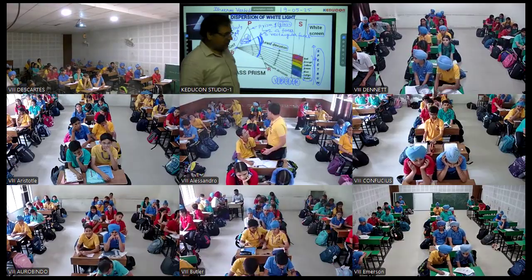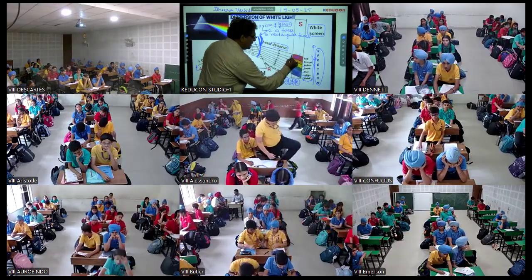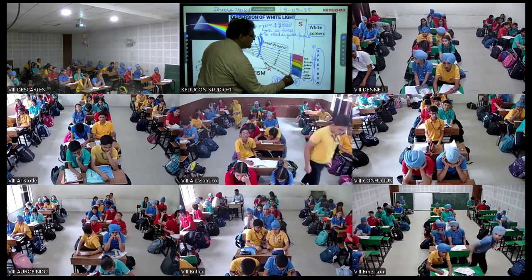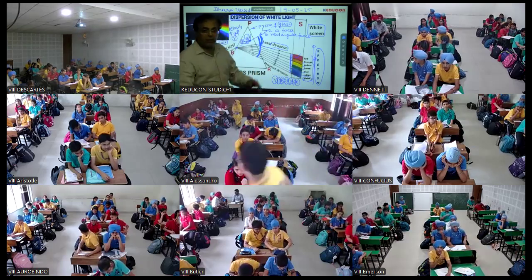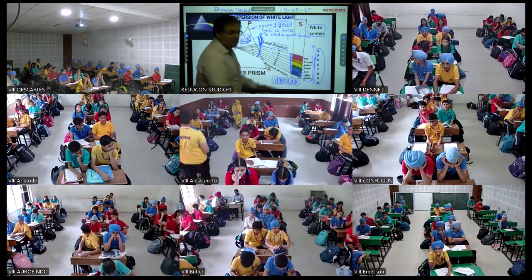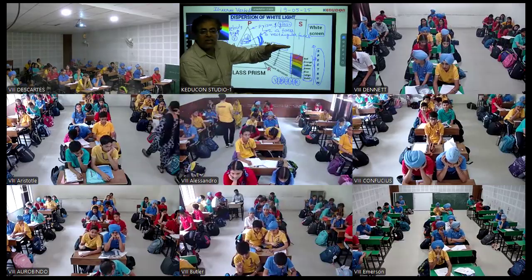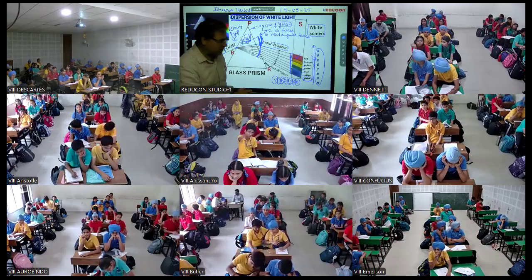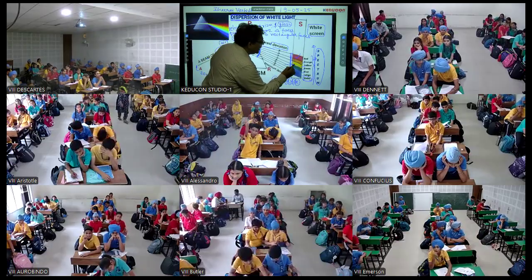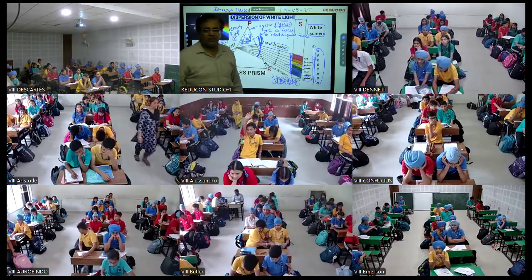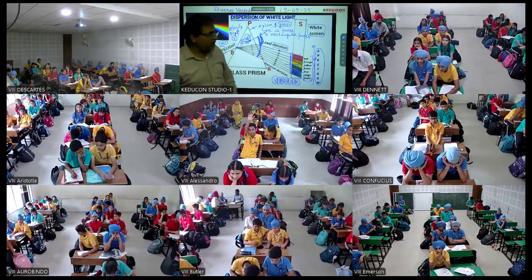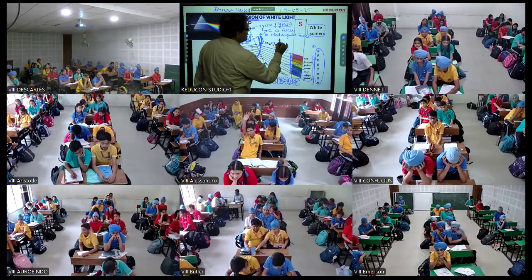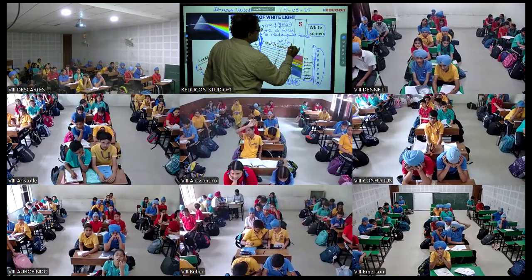One important thing: if you see that this spectrum is, say, 10 centimeter wide, for example, from here to here, we are just taking the example. The midpoint of 10 centimeter is 5 centimeter. At the midpoint, yellow color is always found. That is why yellow color is called the mean color.